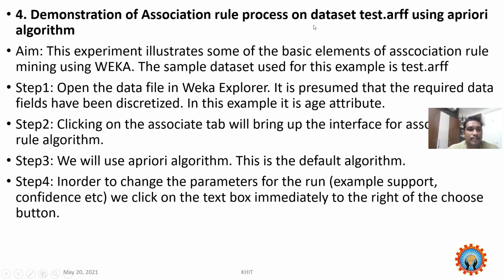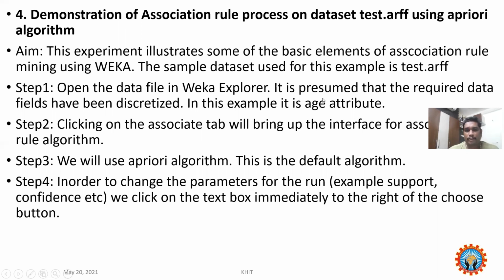Step one is to open the data file in the Weka Explorer. It is presumed that the required data fields have been discretized. In the previous example we took the age attribute; here we consider the academic year attribute.